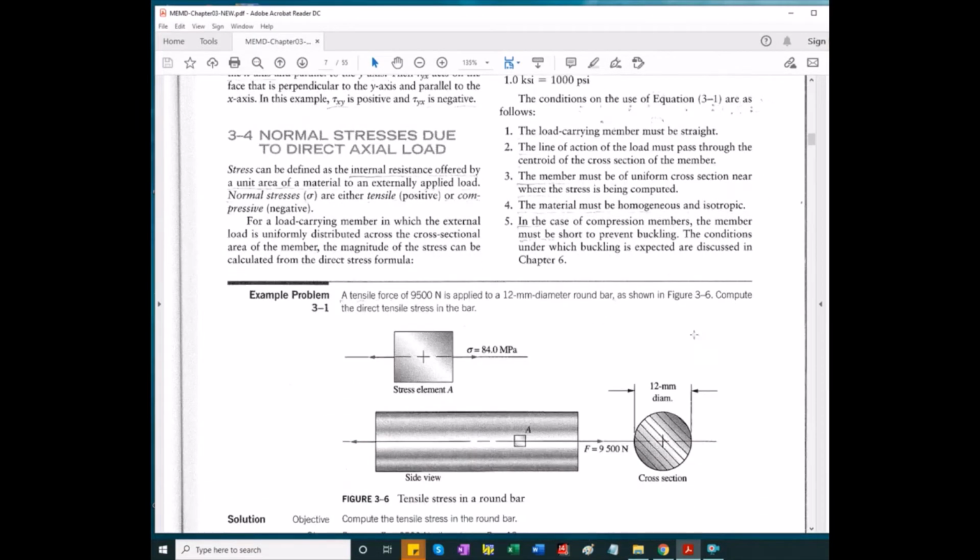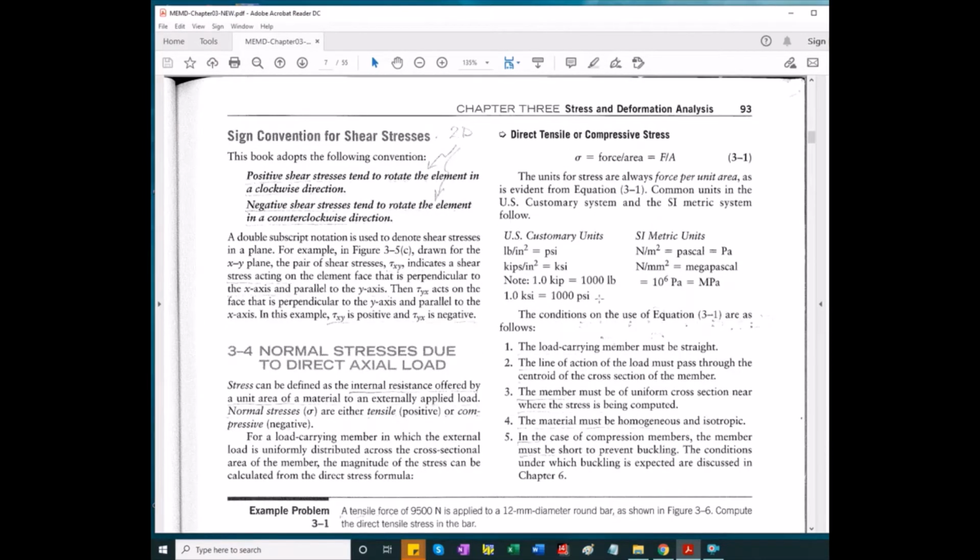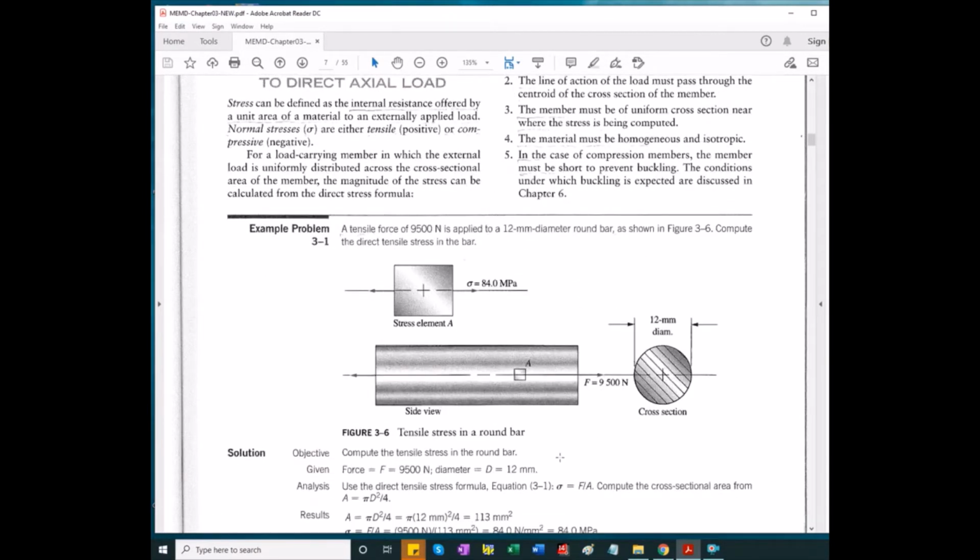Things about units, and we know these from strength of materials.